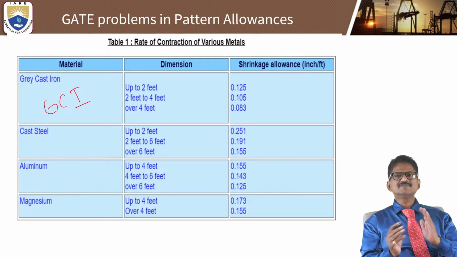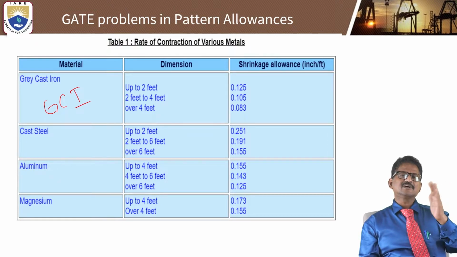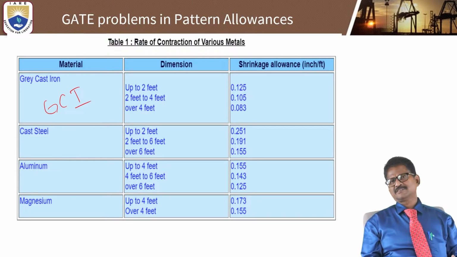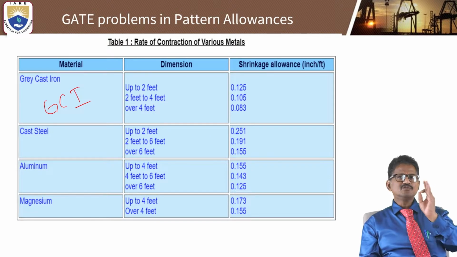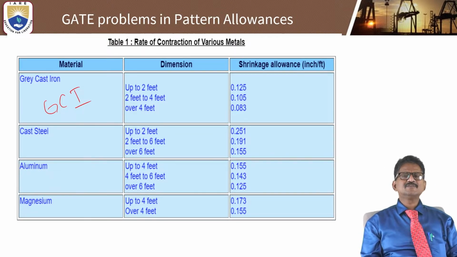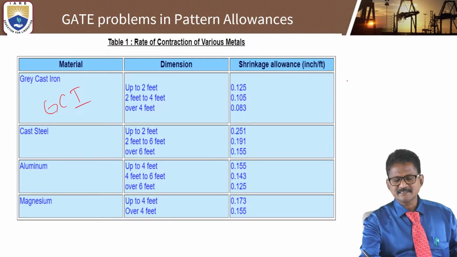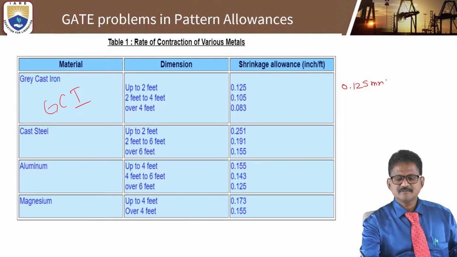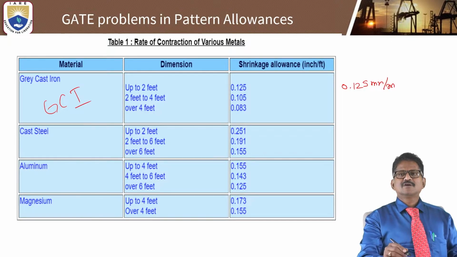you can convert feet into mm or cm, etc. Up to 2 feet you are supposed to provide a shrinkage allowance of 0.125. Simply, we can consider this in mm also, 0.125 mm per meter.